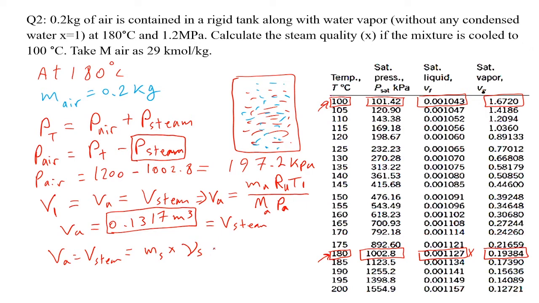The specific volume of steam is the value that we take from the steam table at g, the saturated steam. So mass of steam in this case will be 0.6795 kilogram.